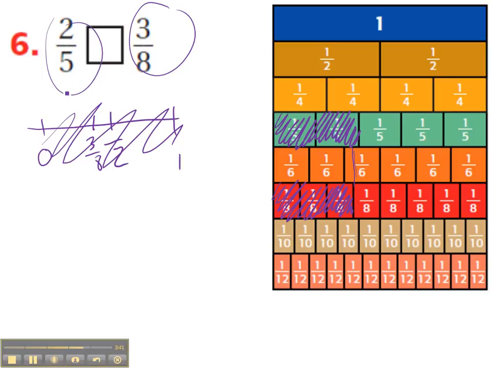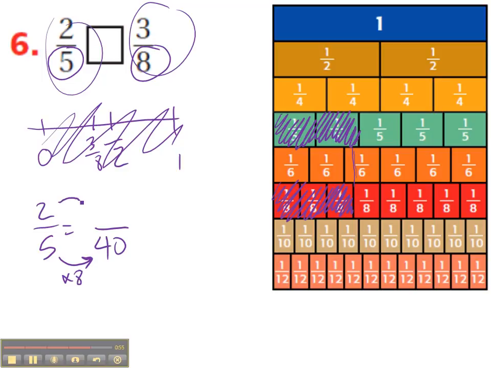But if we make the pieces all the same size, then we can compare them. Then we have a basis for comparison. The way to do that is with a common denominator. We have 5ths here and 8ths here. You can always get a common denominator by multiplying those two together, so we can use 40ths as our common denominator. 2/5 equals how many 40ths? Well, to get from 5 to 40, I have to multiply by 8. 2 times 8 is 16.